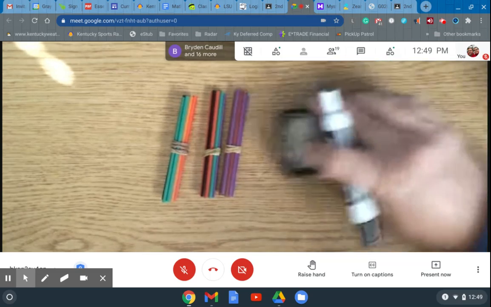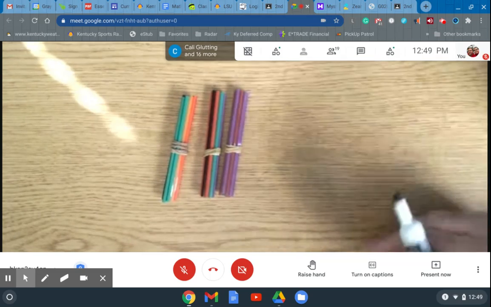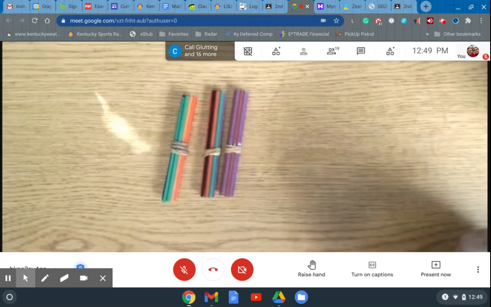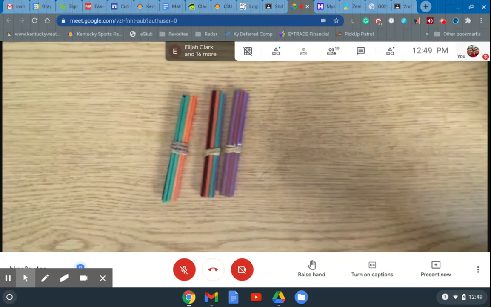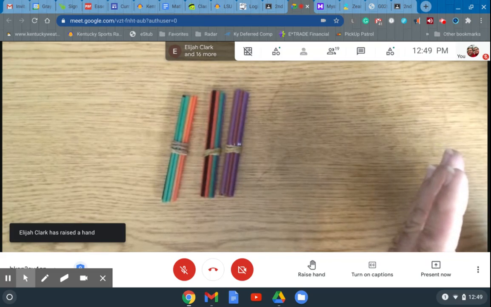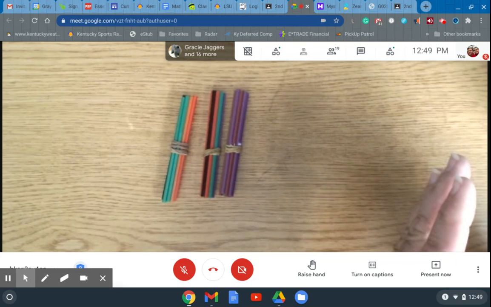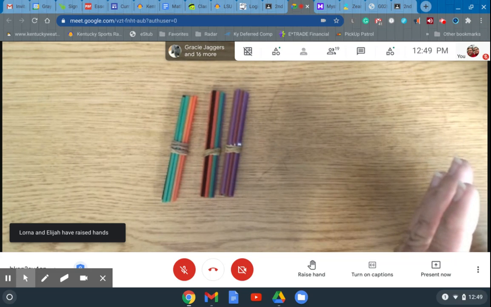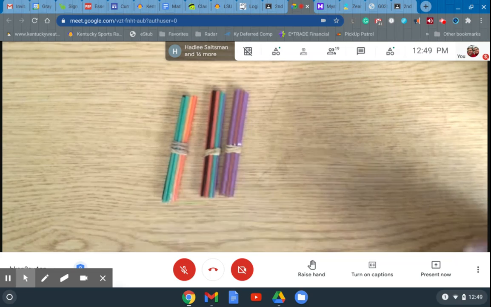Who can tell me the addition sentence? But you have to remember where we started and what I added to get the right addition sentence. What's the addition sentence?